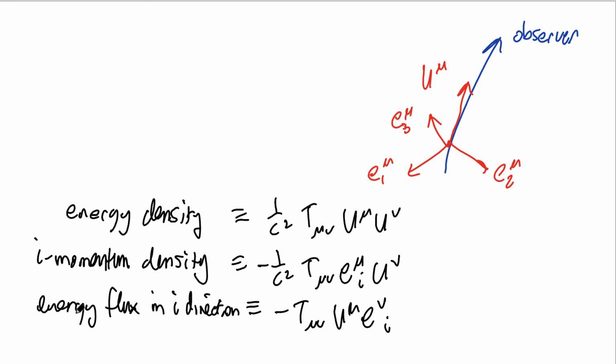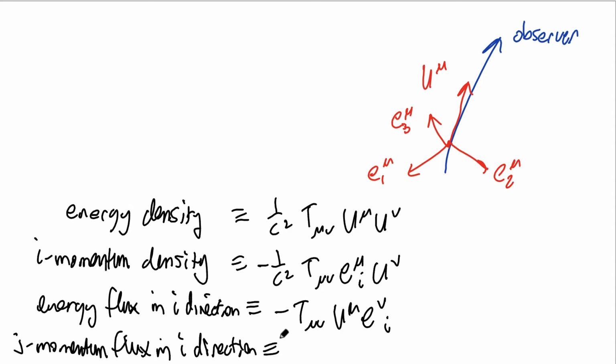And finally, the j-momentum flux, so this is the flux of the jth component of momentum in the i direction, is just equal to T mu nu e mu i e nu j.